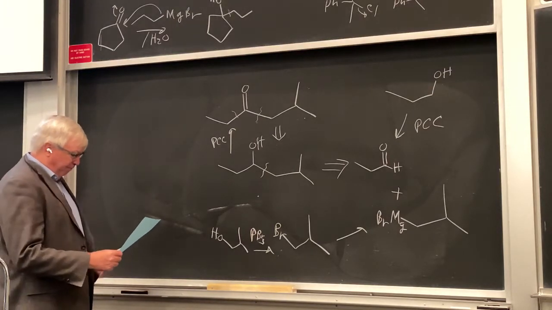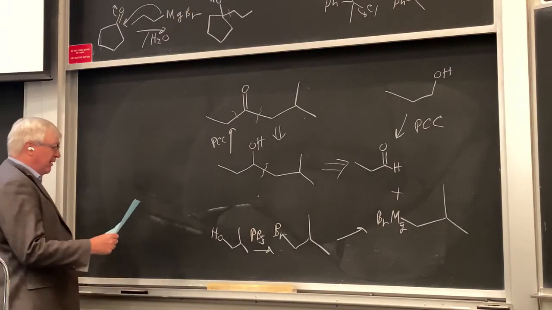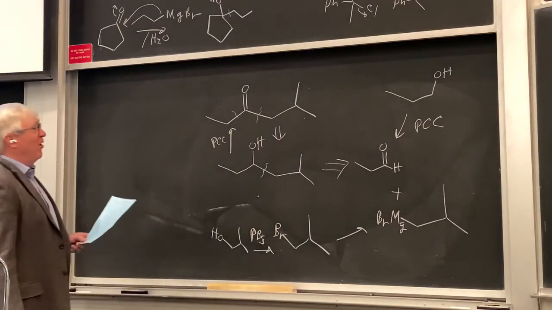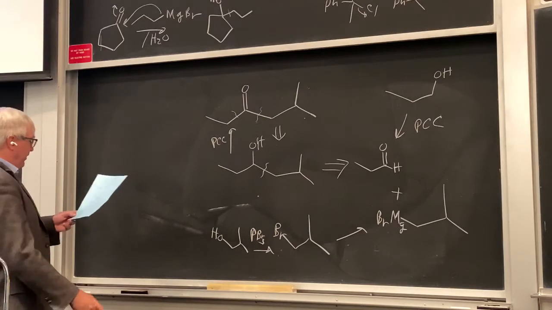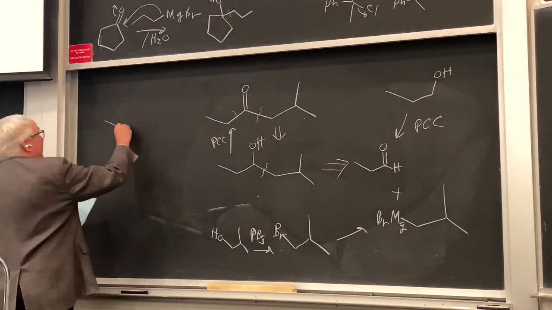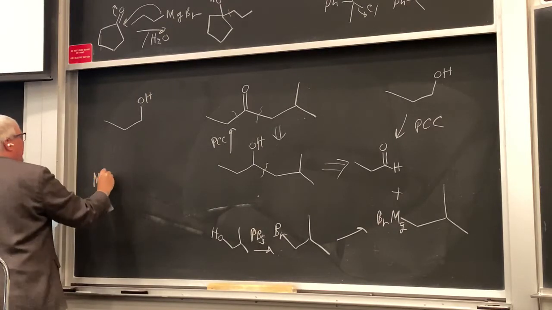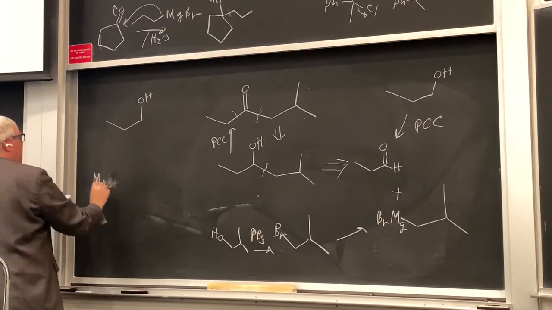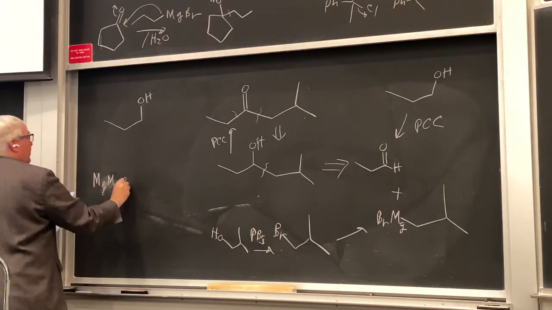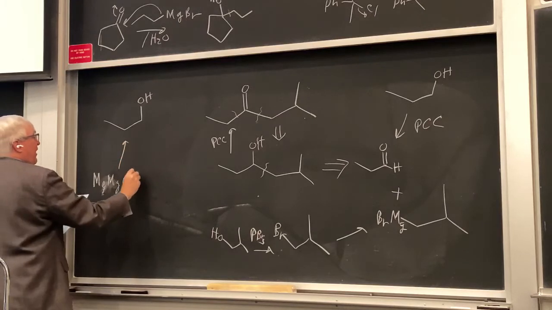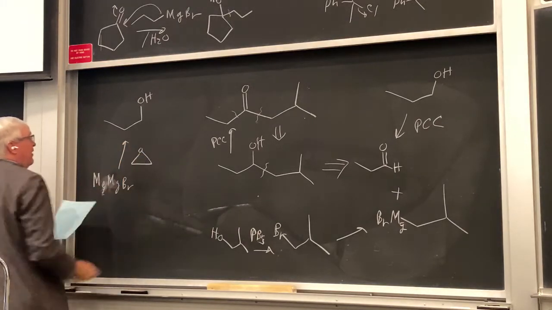Let's see. We've got this alcohol up here. Now that's already four carbons or less. I'd like to show you how to make this alcohol using a methyl Grignard reagent, the methyl magnesium Grignard, and let's use ethylene oxide.